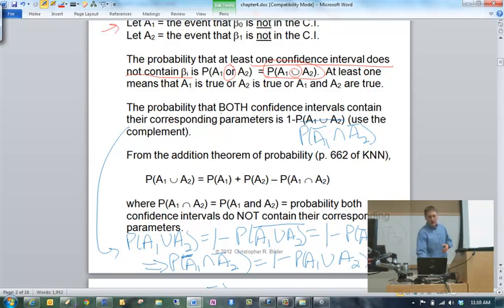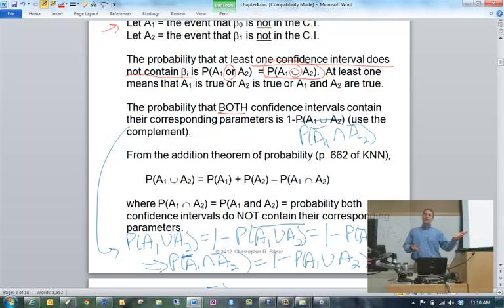Well, the probability that both confidence intervals actually do contain the parameters can be found by taking the complement. Please note that there is a small error there, so please make that change in the notes. The complement is the opposite of an event. When we're working with probabilities, if I have an event B, the probability of B is equal to 1 minus the probability of B complement.